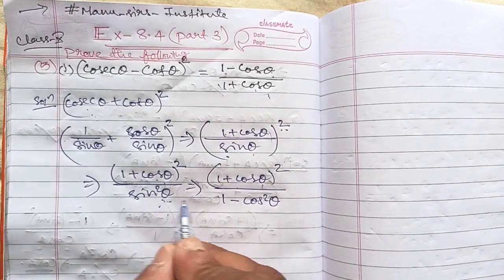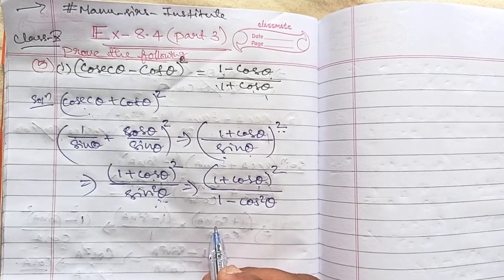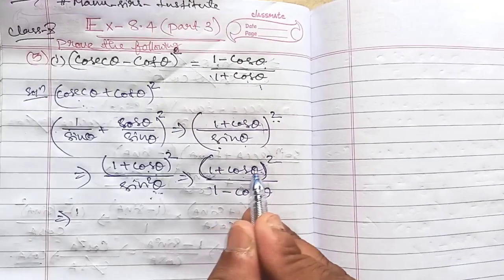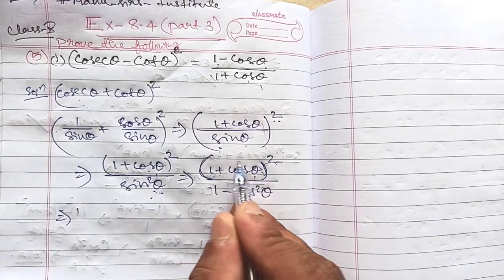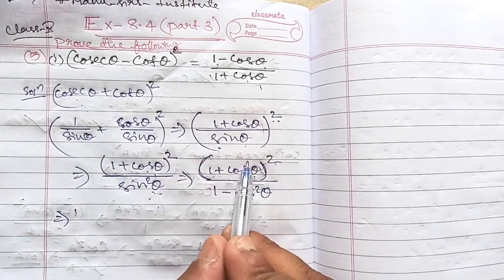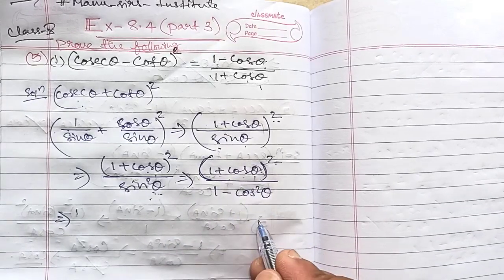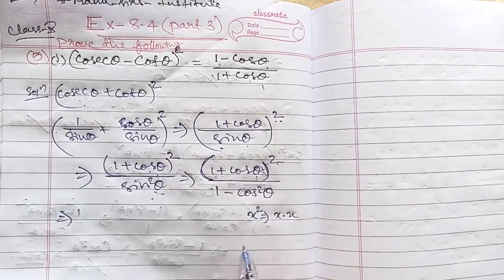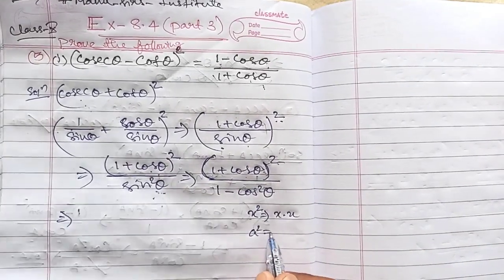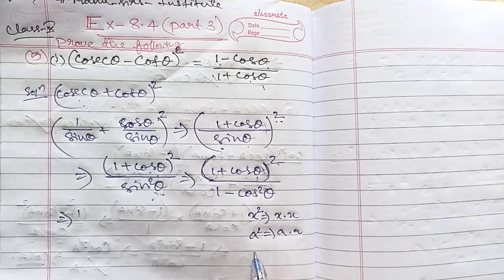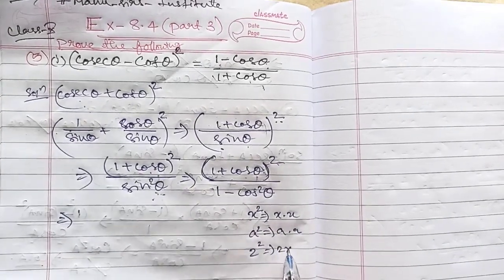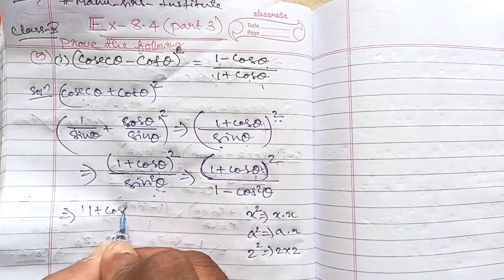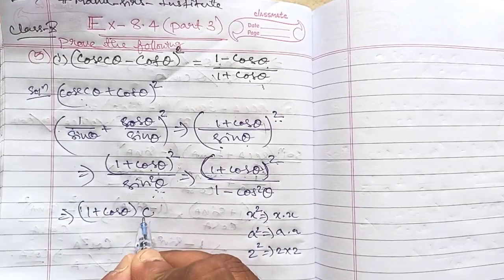There is the formula sine square theta equals 1 minus cos square theta. Now 1 plus cos theta is inside the whole square, so that means it is twice. I will explain: suppose we write x square, that means we can write x into x. A square is a into a. 2 square is 2 into 2. Similarly, this square means we can write (1 plus cos theta) 2 times, that is twice.